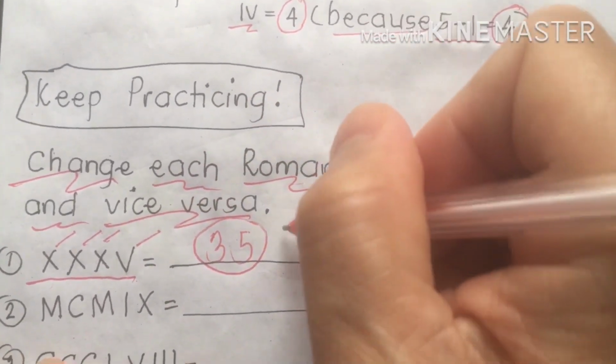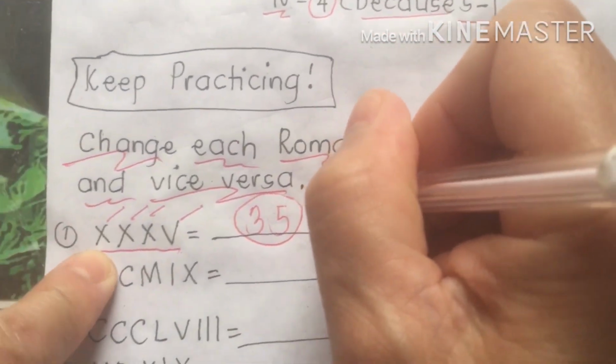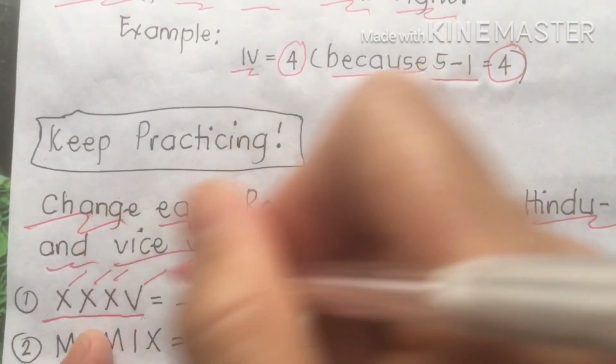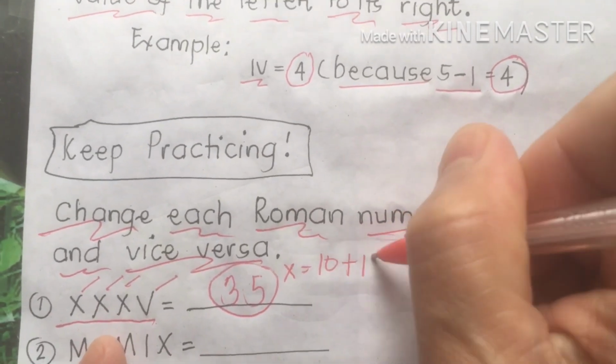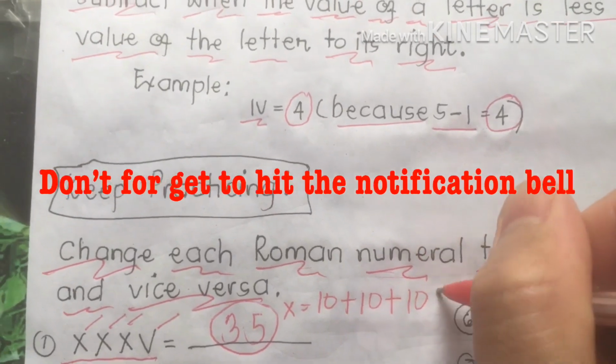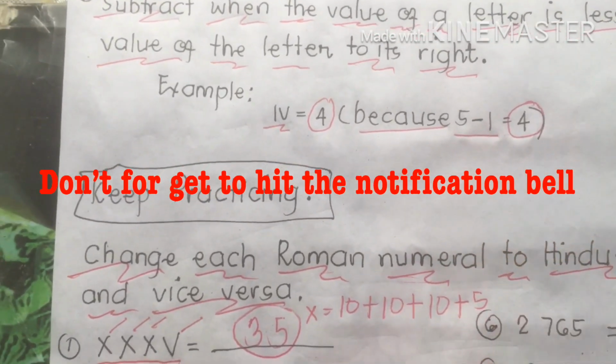But how to do it? First, remember X is 10, so for triple X, we add triple 10. And then V is 5, we add 5. So we get 35.